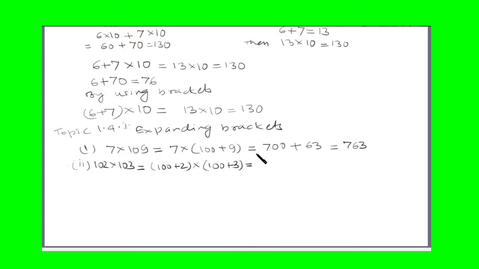So first we multiply 100 multiplied by 100. This 100 is multiplied by this 100.